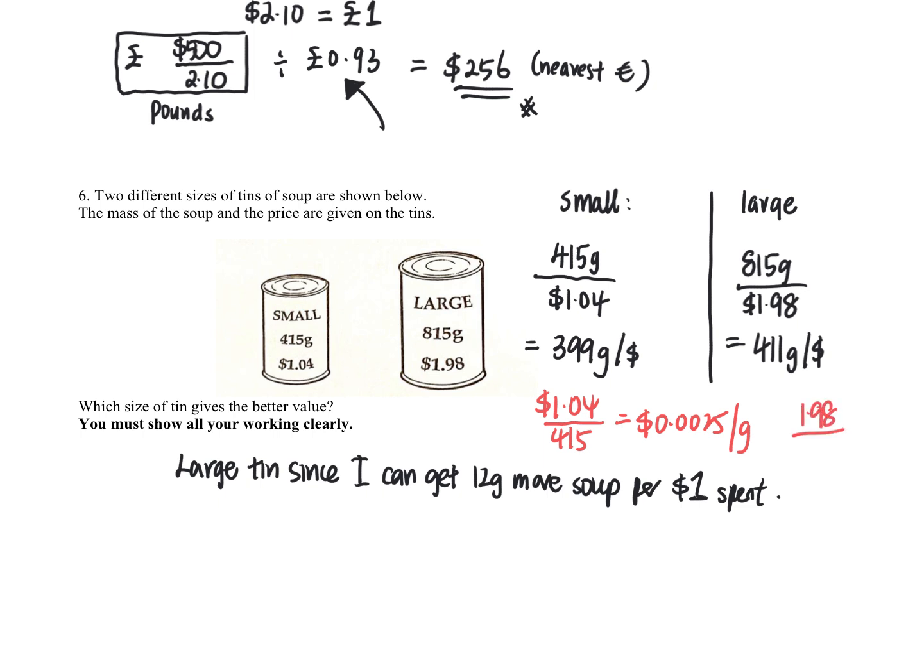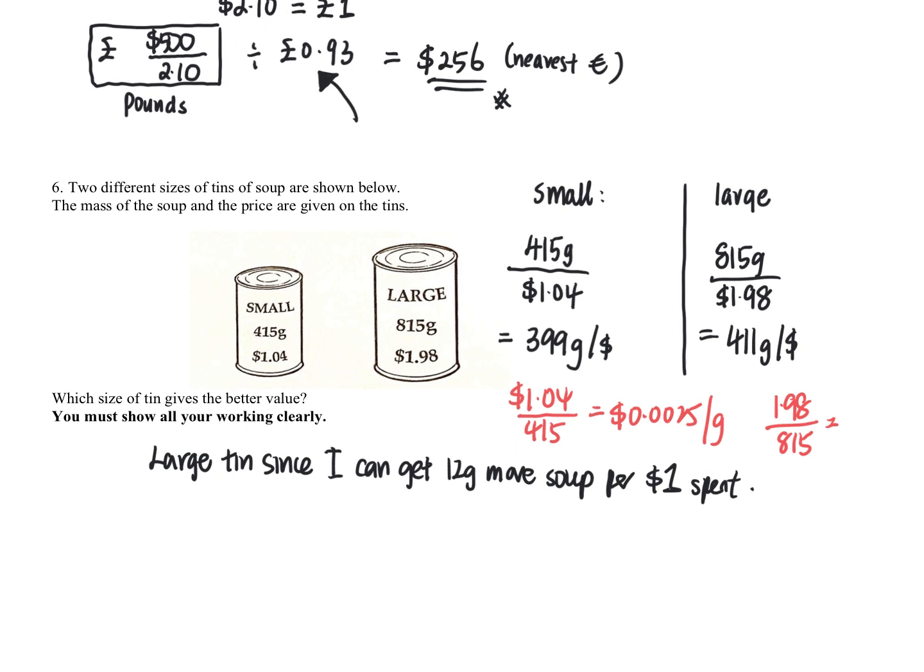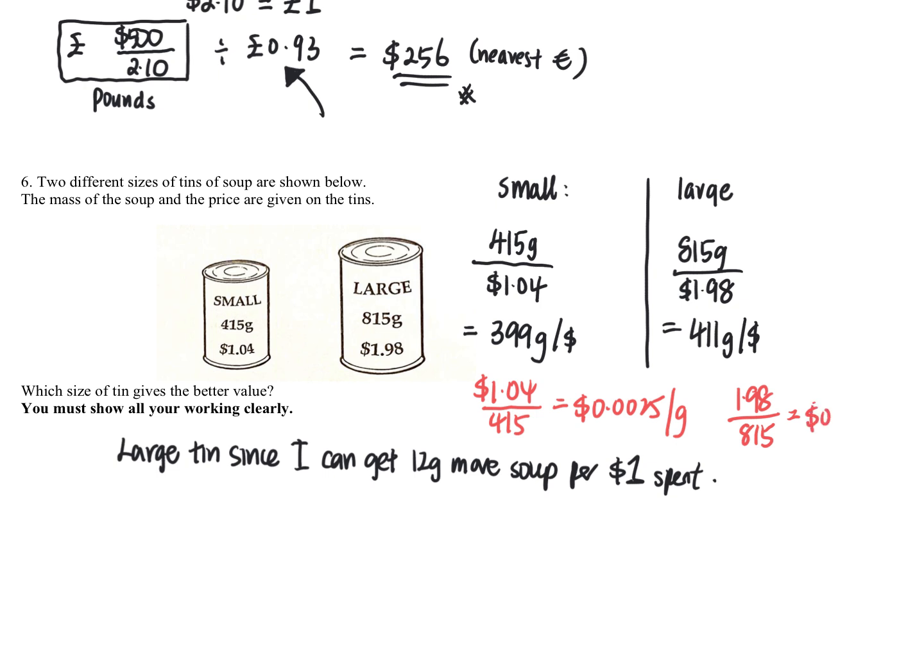This one tells you that it is 0.0024 per 1 gram. So it's cheaper to buy this as compared to this. So the difference is 0.0001, which is fine, but this gives you a better value.